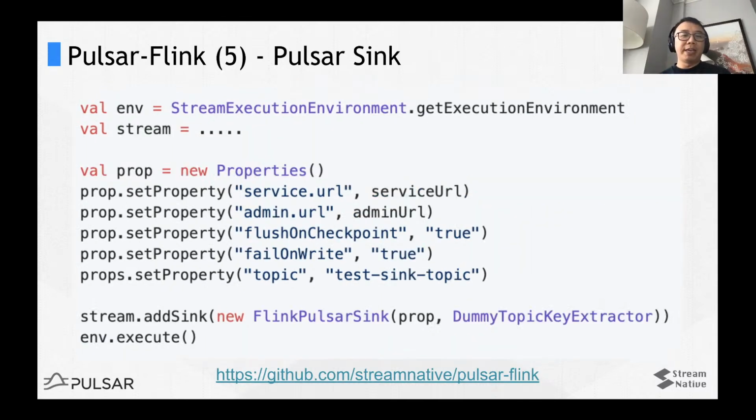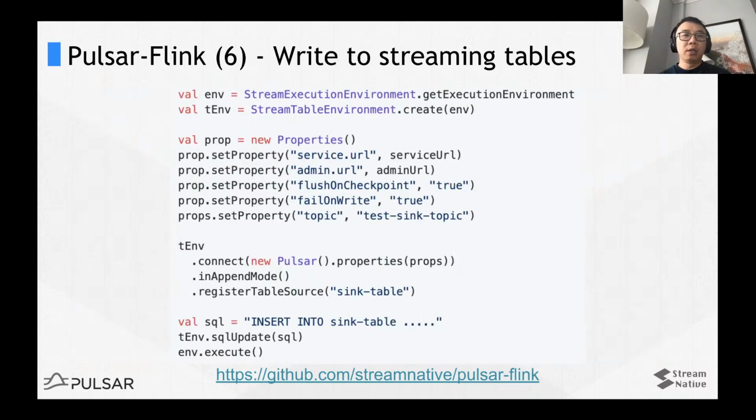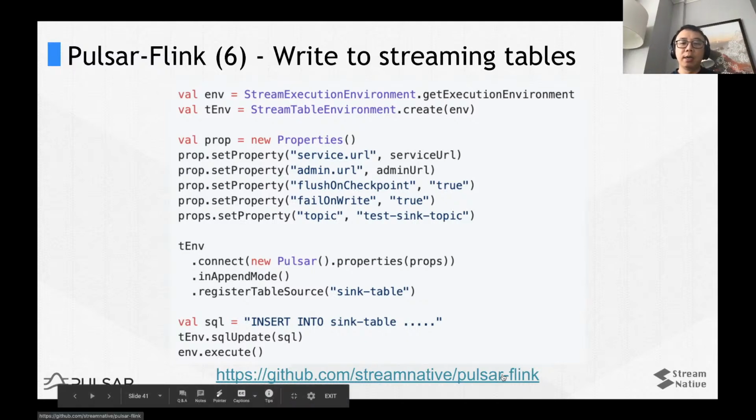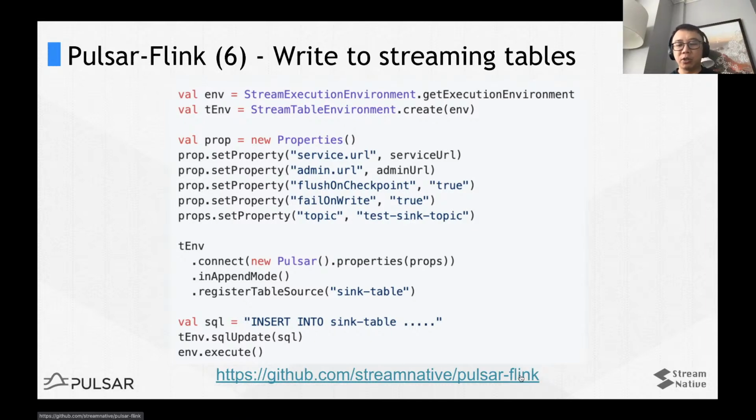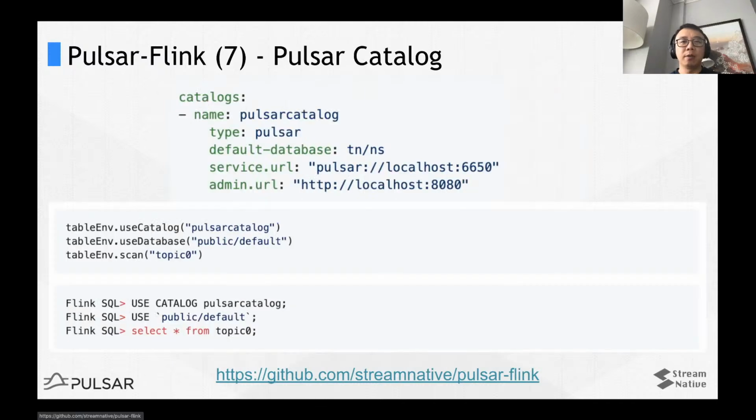You can also use it as a sink. So you can convert a struct into a row and write to Pulsar. And this is just how you can program using the Pulsar-Flink connector. And there are a lot of examples available in the GitHub repo. So you can just check out the examples and follow them.